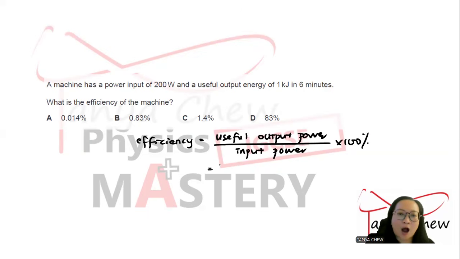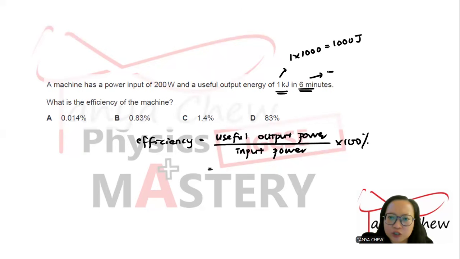The useful output energy must be in joules, but this is given in kilojoules, so I'm going to change that. 1 times 1,000, that is 1,000 joules. 6 minutes, time must be in seconds, so 6 times 60.